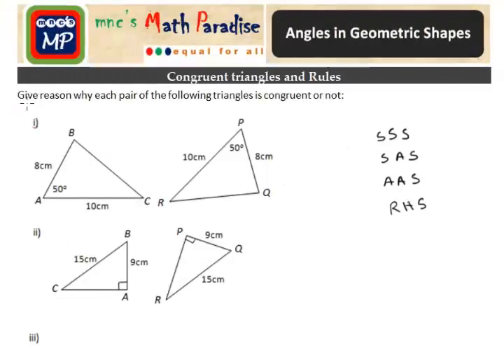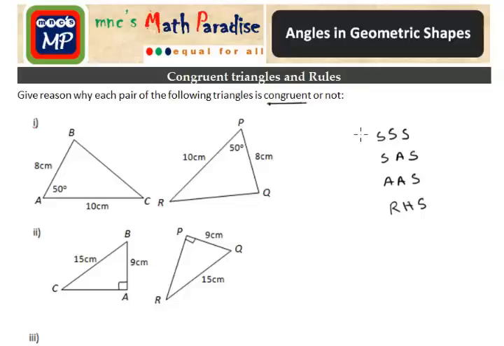Now we will practice some examples to check whether a given pair of triangles is congruent or not. So here, give reason why each pair of the following triangles is congruent or not. That means if it is congruent, then we need to give a reason why it is, and if not, then why not.